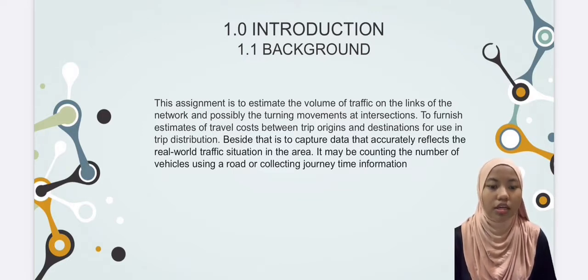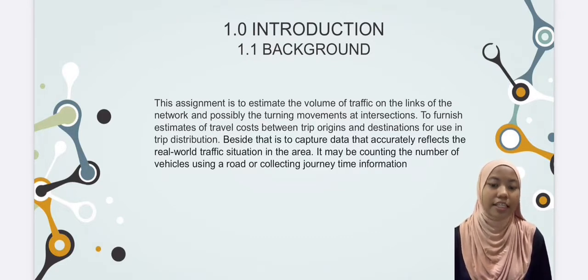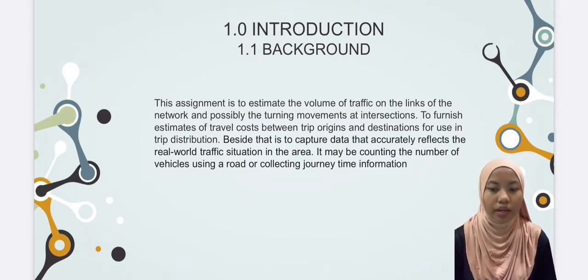To furnish an estimate of the travel cost between trip origins and destinations for use in the trip distribution. Besides that, it is to capture data that accurately reflects the real-world traffic situation in the area. It may be counting the number of vehicles using a route and collecting journey time information.